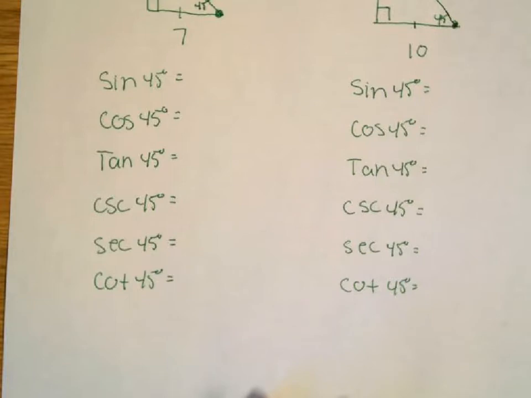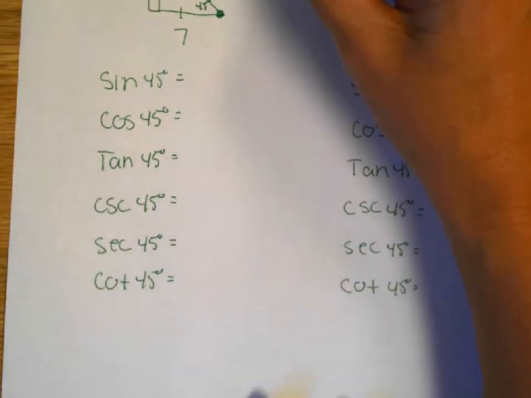So use your SOHCAHTOA ratios. Reduce down. You forget SOHCAHTOA? What's that, Daniel?